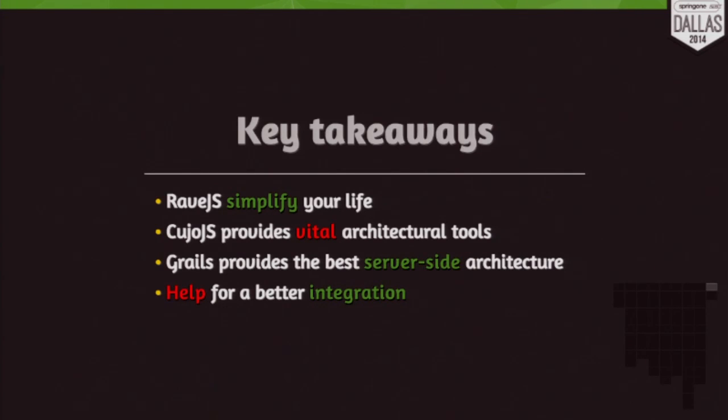Grails provides the best server-side infrastructure, for sure. One thing that I'm still missing is, because of this Grails JavaScript love-hate relationship, it doesn't seem that there is a real integration of these two worlds. And for me, that's one of the biggest mistakes. There is a need to really integrate these two worlds together properly.